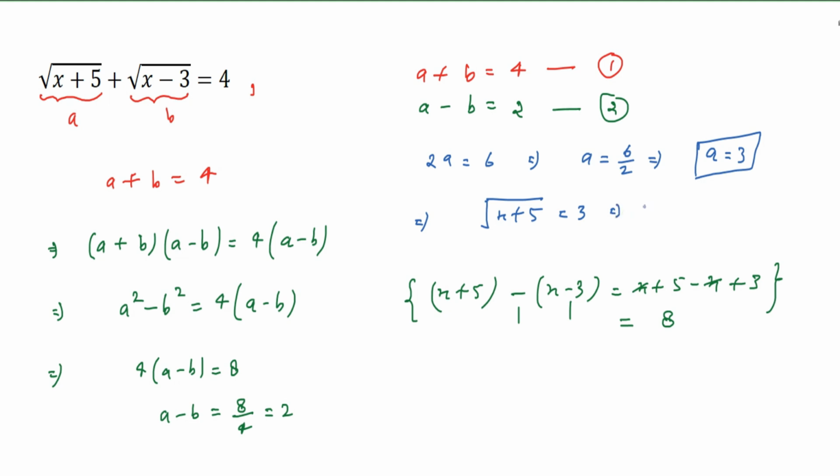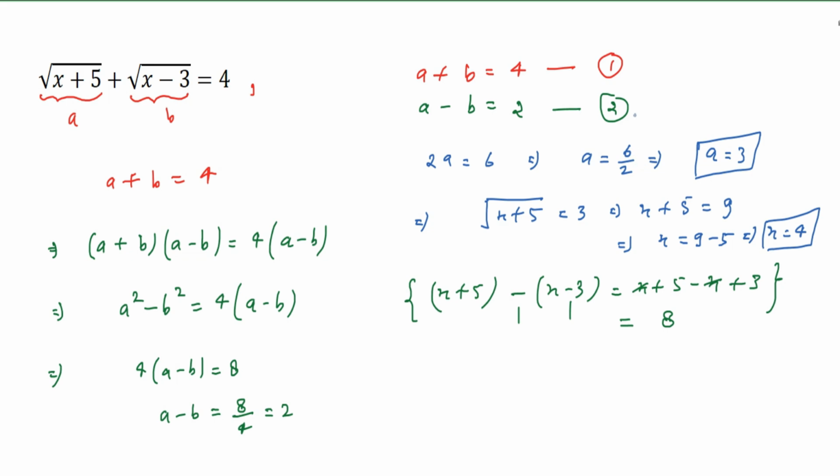If we square this equation on both sides, we will have x + 5 = 3², that will become 9. So x = 9 - 5, that will be 4. So we have x = 4. That is the solution of this particular equation.